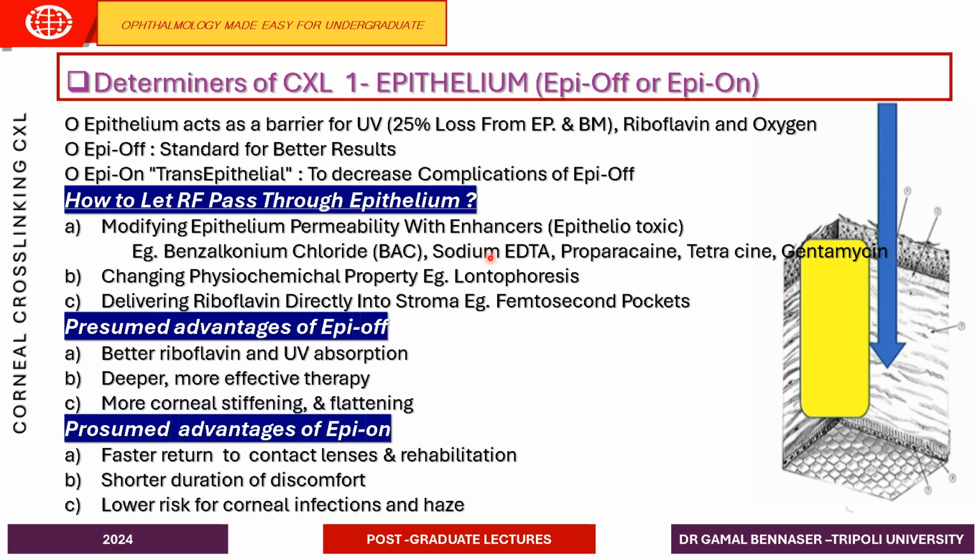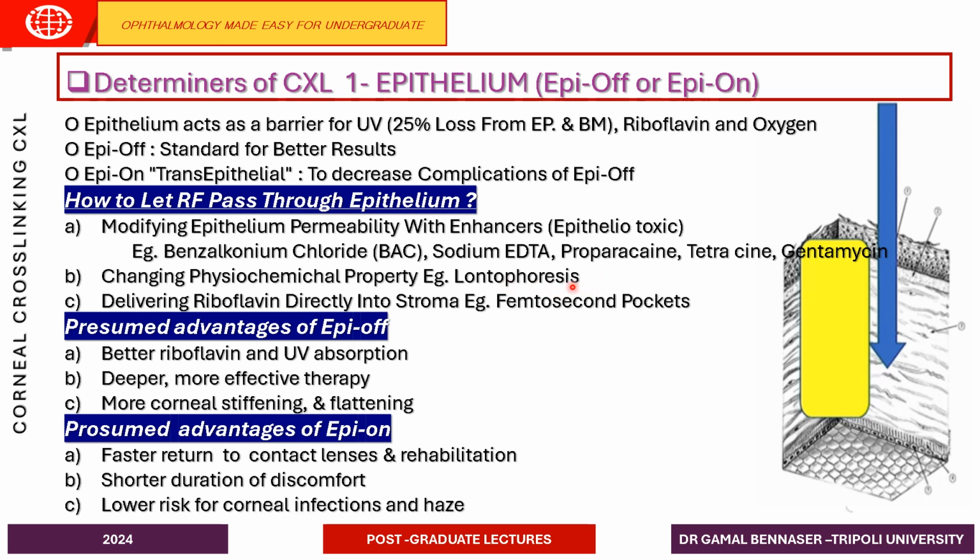Also, changing the physicochemical property by enhancing the absorption using iontophoresis, in which they change the electrical charge of the riboflavin so that it will be attracted by the negatively charged epithelium.